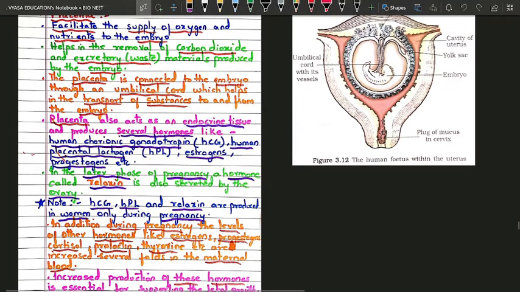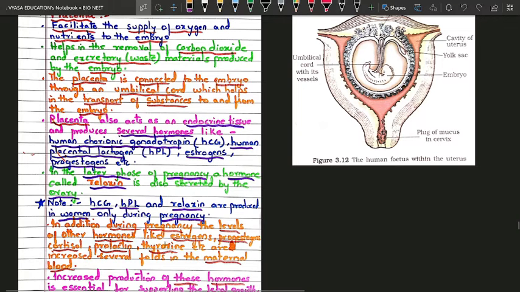The same NCERT also has given this here. In addition, during pregnancy, the levels of other hormones like estrogen, progesterone, cortisol, prolactin, thyroxine, etc. are increased several folds in the maternal blood. Several folds in the sense, these are all present even in the absence of pregnancy.